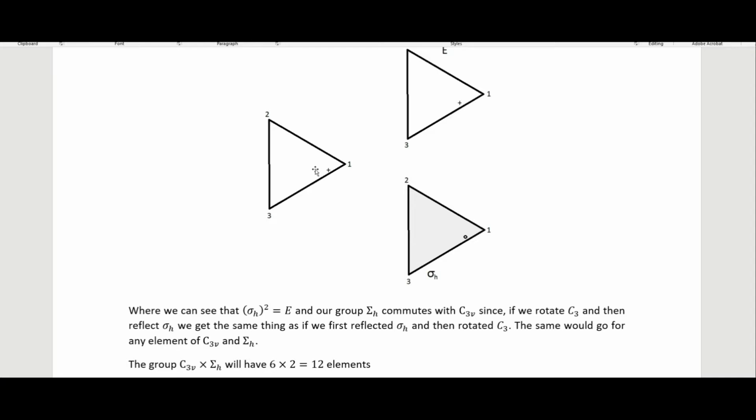Essentially we go from our triangle here, and the part facing us out of the screen is now facing into the screen, and the part facing into the screen is now facing out of the screen. I represented that here with it grayed out. I changed that little plus sign there into a little circle. And so that is the symmetry operation that we're doing.